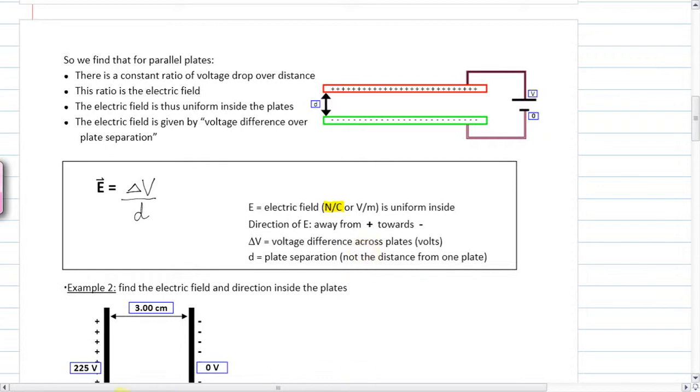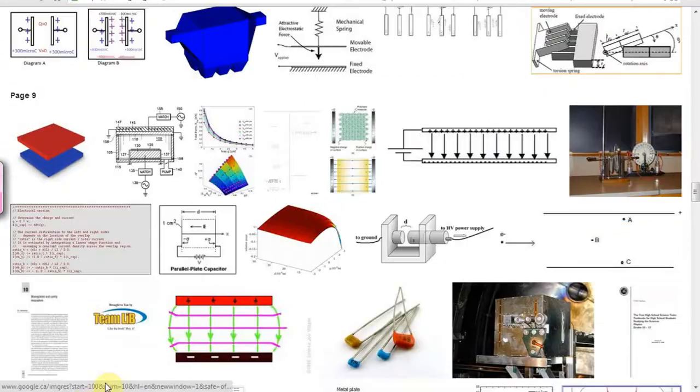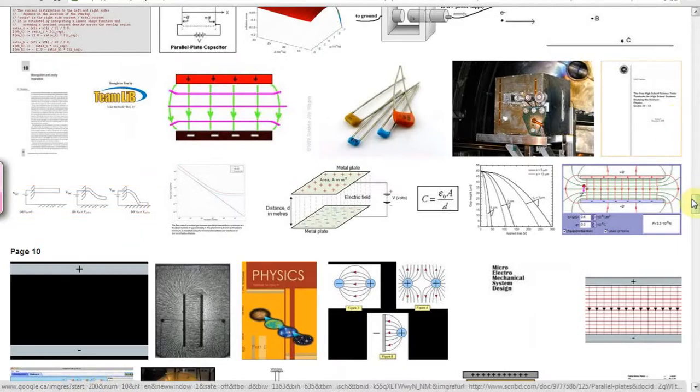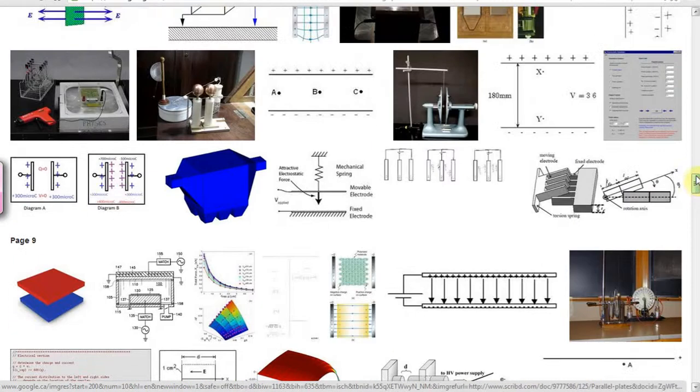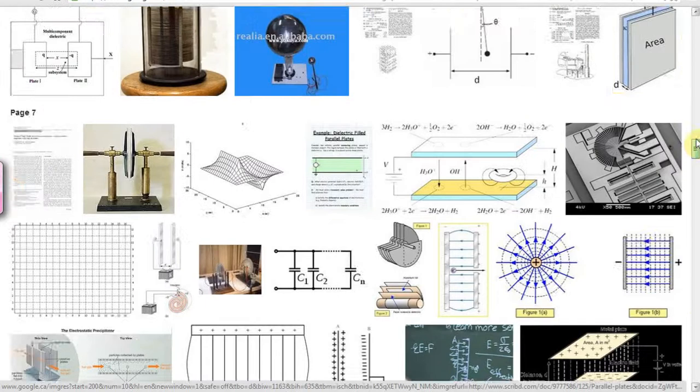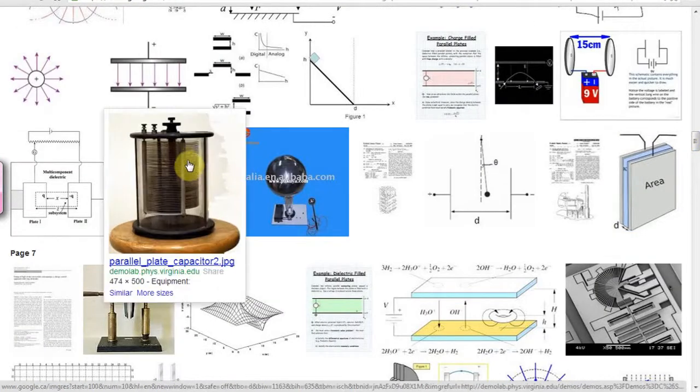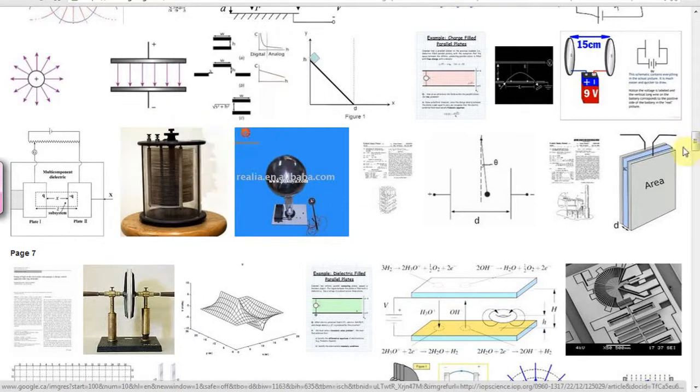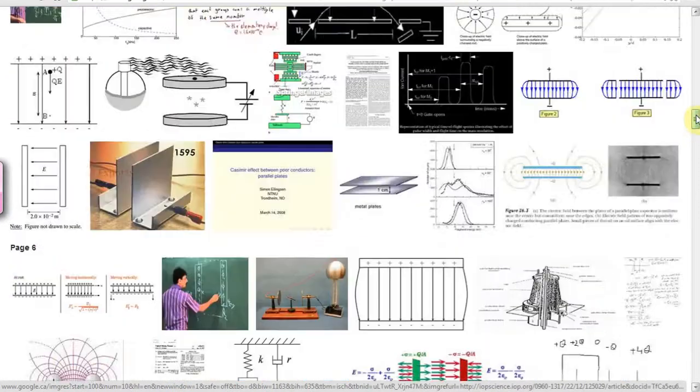Hence, when we start taking a look at some of these designs, let's take a look. I saw a massive one go by here. Here we go. Look at how many plates there are and how close they are. We want them closer so that we can increase that E field between them.